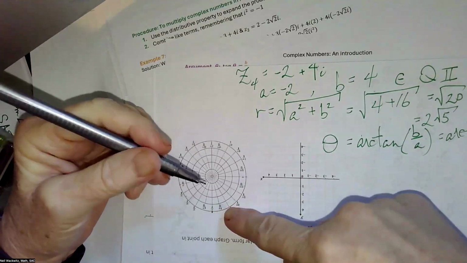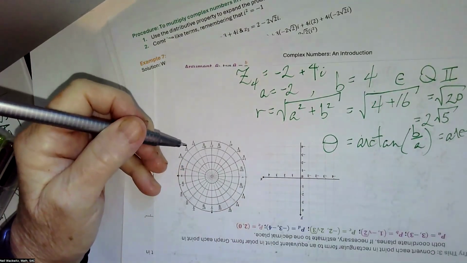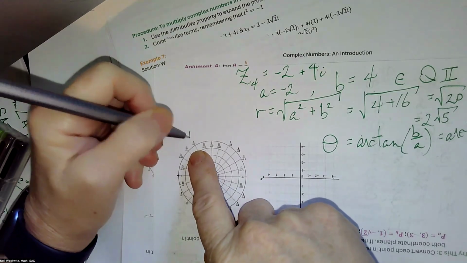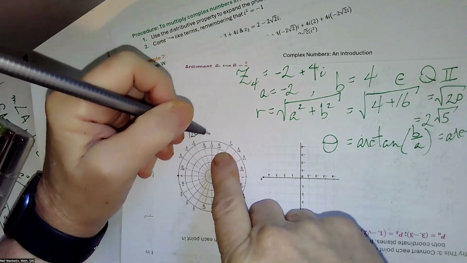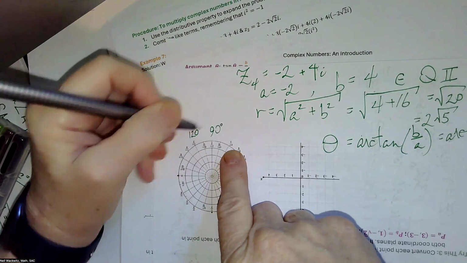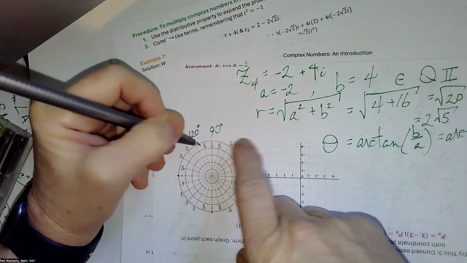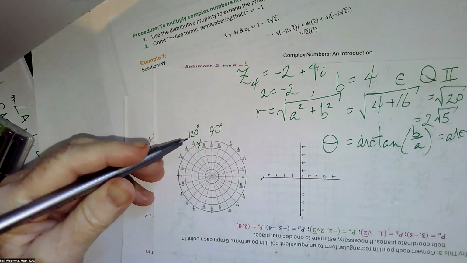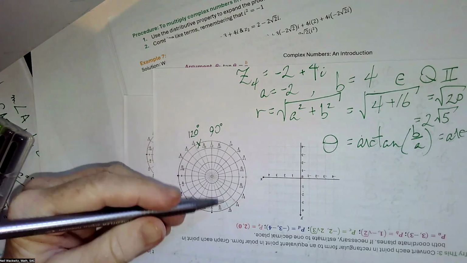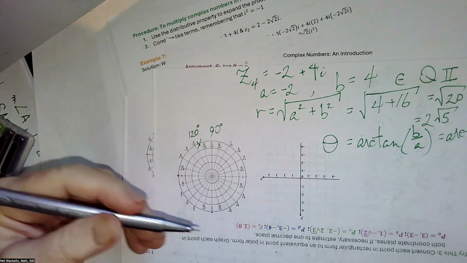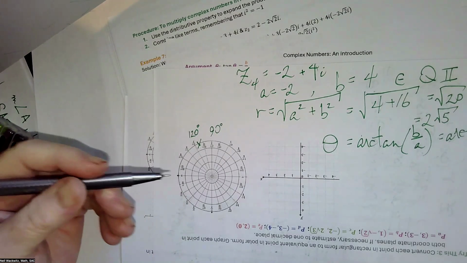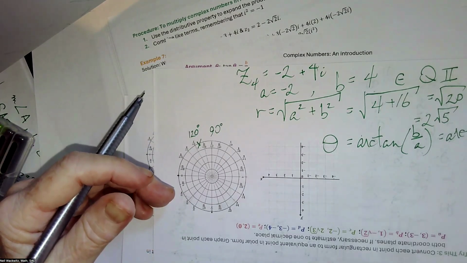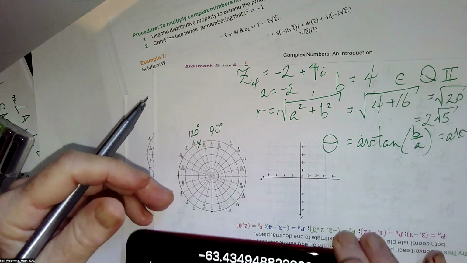So it'll be, let's see, 116. This is 120. This is 90. So 116 is going to be over here somewhere, and it should be directly opposite this -63.